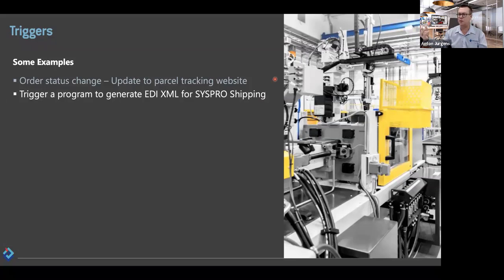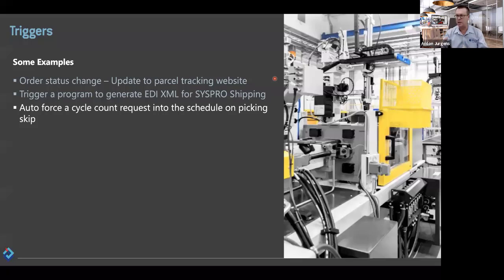That program takes that dispatch note as an example, reads our tables, builds up all the XML into the EDI XML format, calls the Syspro shipping business object, and posts it, which then delivers it to the customer. So we use the trigger just to kick that process off.